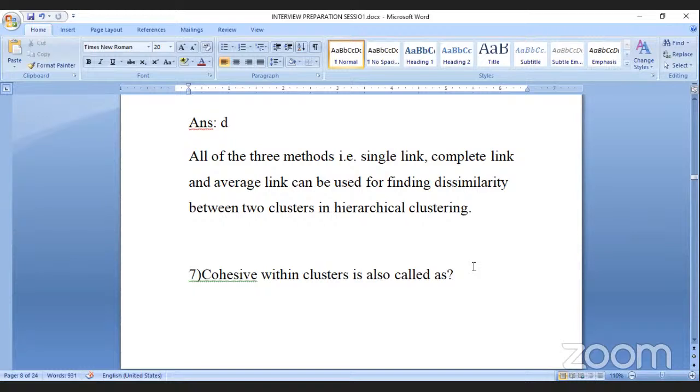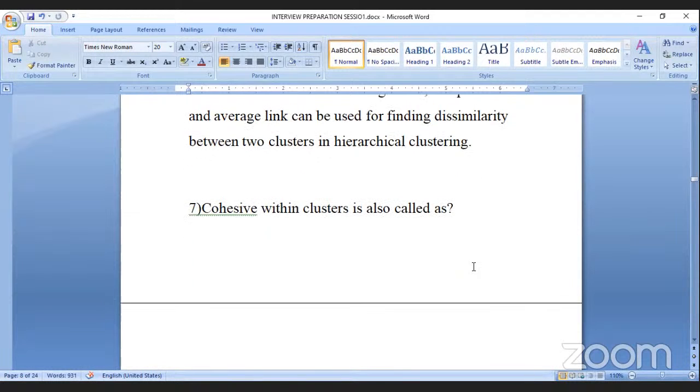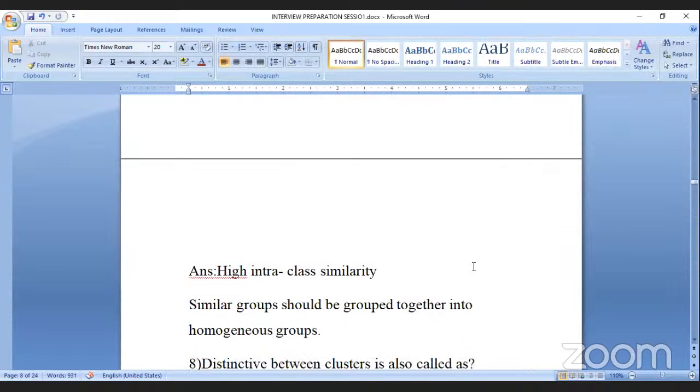Any others? Okay, not bad. Let's move to the answer. So the answer is high intra-class similarity. Similar items should be grouped together into homogeneous groups. So Nilima is close to this. Actually, that is right. Appreciated.